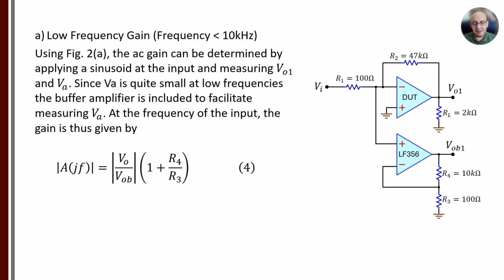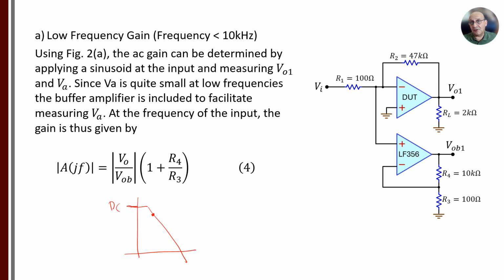Low frequency gain. In the previous slide, we had the frequency response plot in which you have the DC gain at the very low frequencies, and then the dominant pole. But what we're interested in, in this particular part of the experiment, is to measure the low frequency gain, at some point in the minus 20 dB per decade decay.